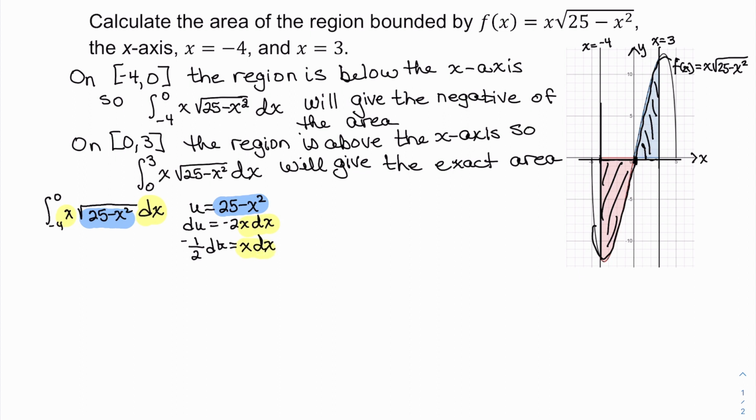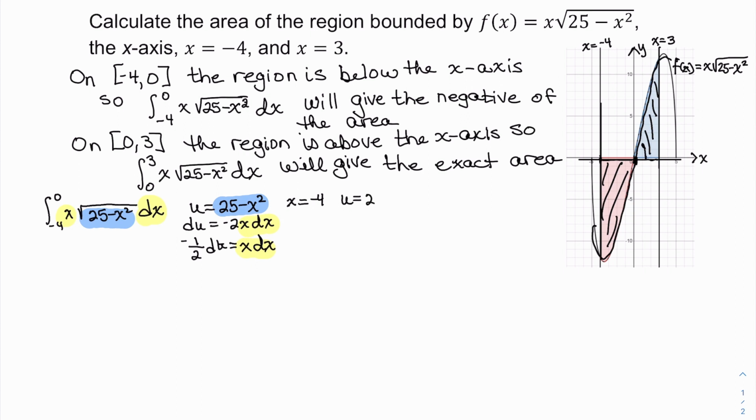So now when we look at this, we also need to see that it's a definite integral. So we need to find our replacements for our limits of integration. For the lower limit, when x is equal to -4, we'll get our u value, looking at what we let u represent, 25 minus x squared.